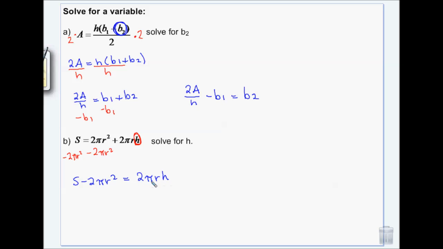This is all multiplication. So to clear multiplication, I'm going to divide. So I end up with s minus 2 pi r squared over 2 pi r is equal to h.